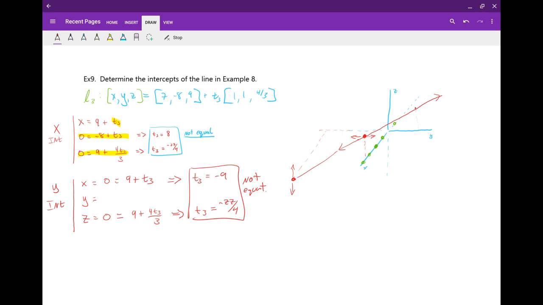Okay. By the way, if you're just looking for all intercepts, seems like actually the most efficient way is just set them all equal to 0 and solve. You know what I mean? And you just say like, well, x is equal to 0 at -9. y is equal to 0 at 8, and z is equal to 0 at there.